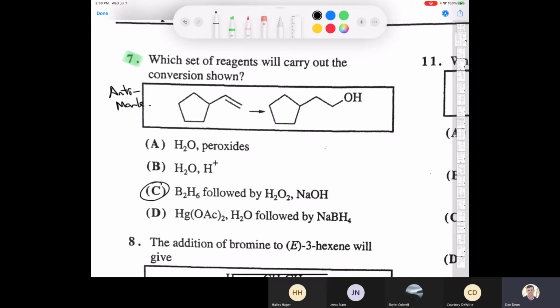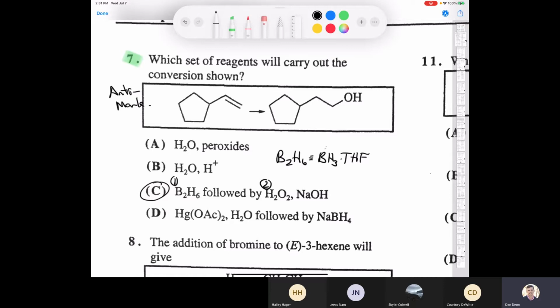And so remember that B2H6 is the same kind of thing as borane THF. It's just borane in its dimeric form. So again, we have borane followed by hydrogen peroxide and sodium hydroxide.